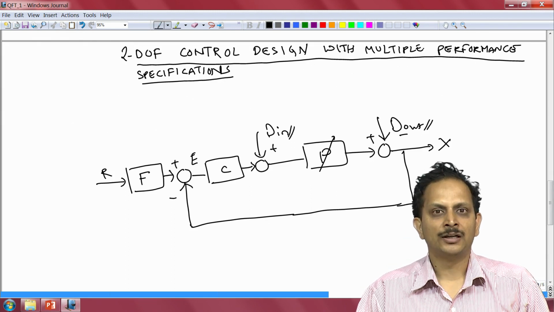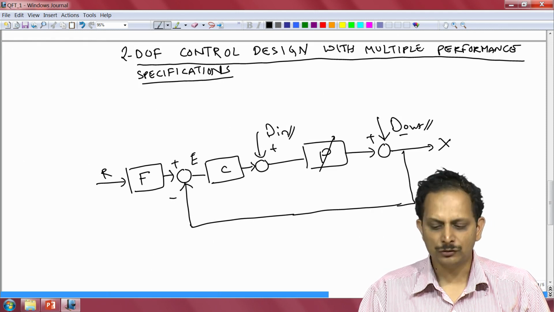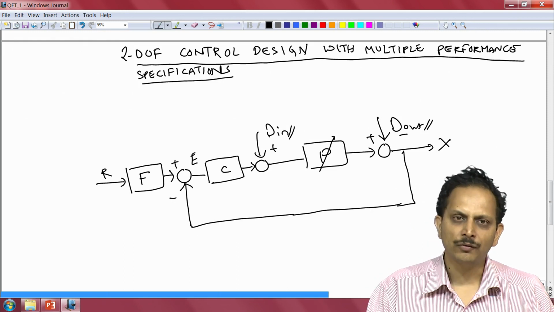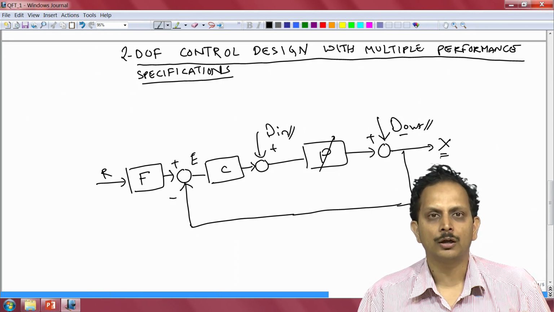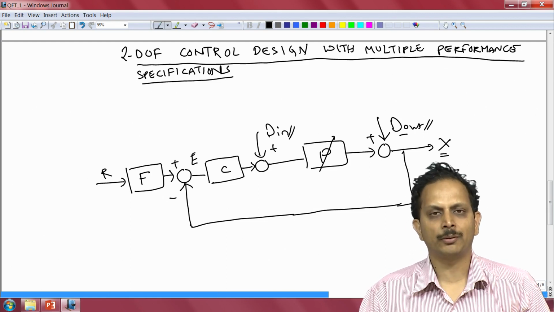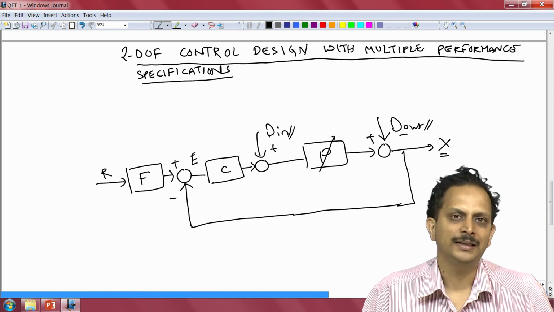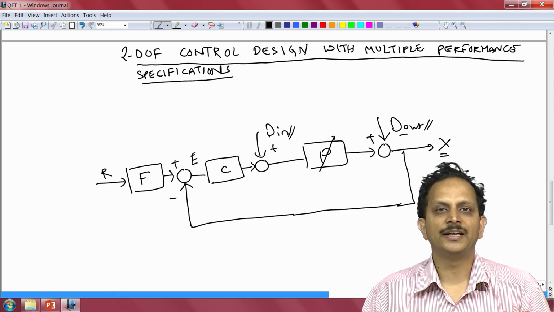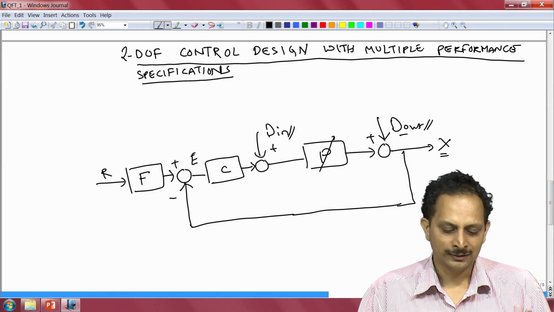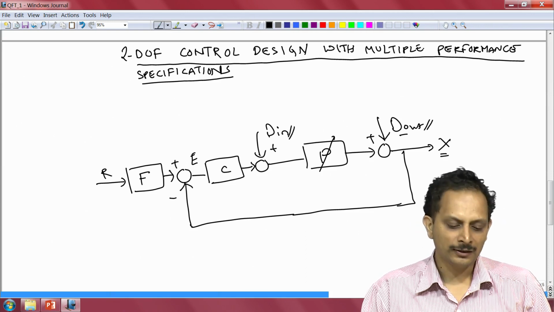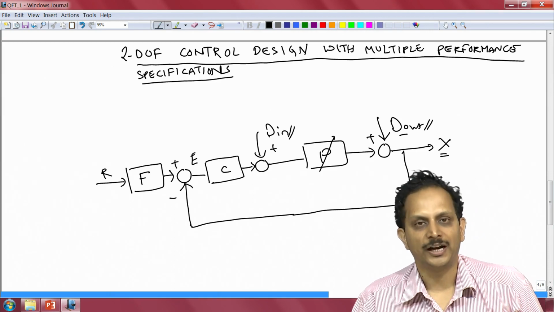So despite all of this, despite the presence of plant uncertainty, despite the presence of an output disturbance, despite the presence of an input disturbance, we want our output X of the overall control system to reject these disturbances by the specified amounts and track this reference with a specified degree of accuracy. So how does one design the feedback controller and the pre-filter in order to solve a problem of this kind?